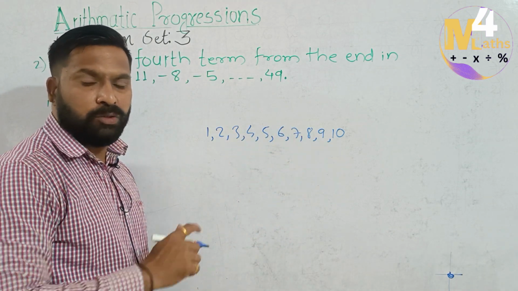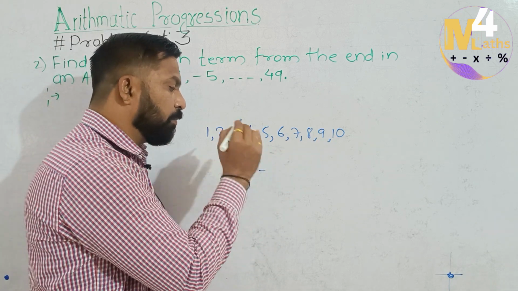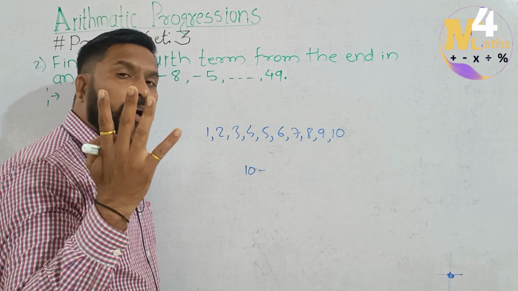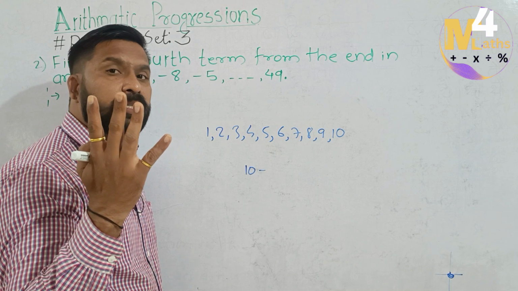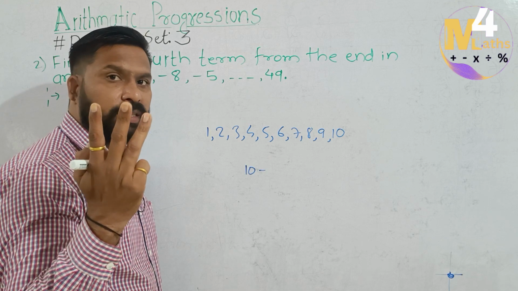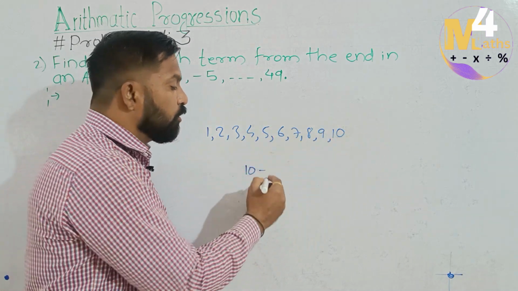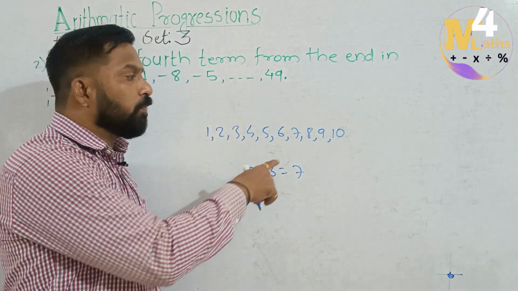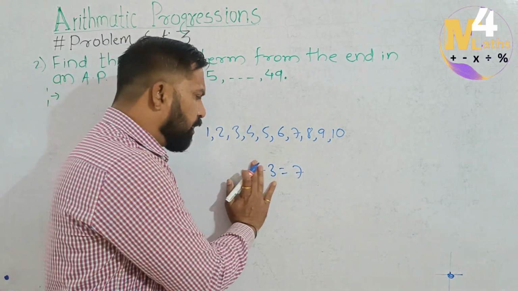How many terms are there in all? 10 minus, as they are asking us to find the fourth term, how many terms are we going to subtract? 3 terms, because the fourth is the term we want. Only 3 terms we subtract from the total number of terms. So I subtracted 3 terms. Is it the fourth term from the right end? Yes, obviously.